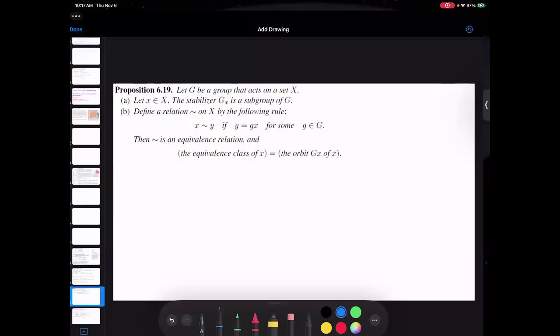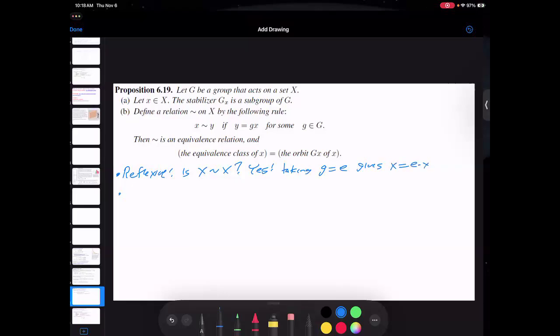So the first is reflexive. Is x equivalent to x? Can you give me some g such that x equals gx? Yes. Taking g equals e gives x equals e times x.